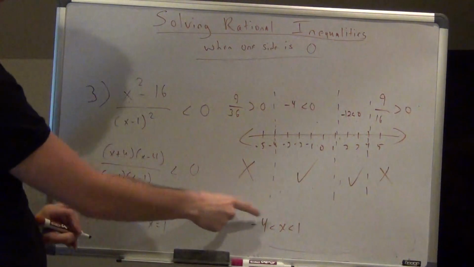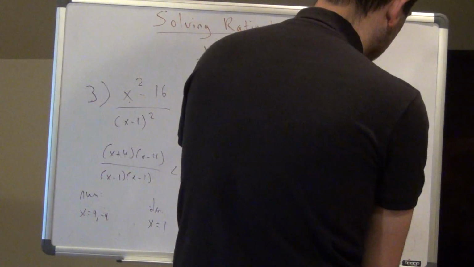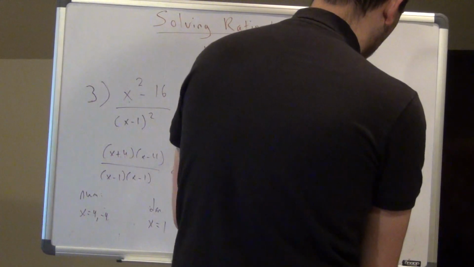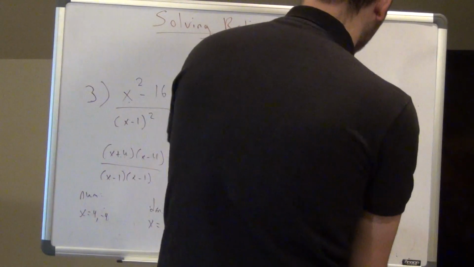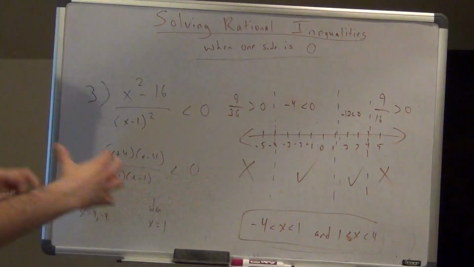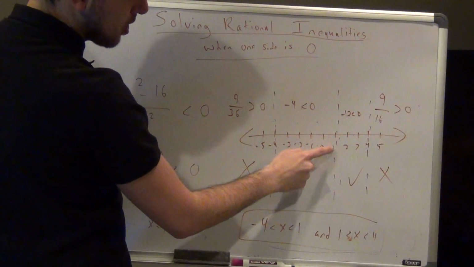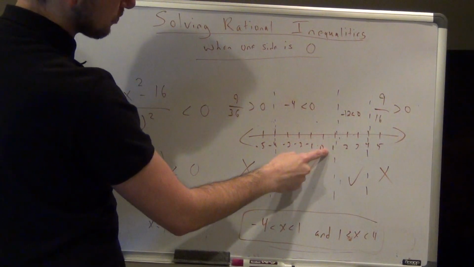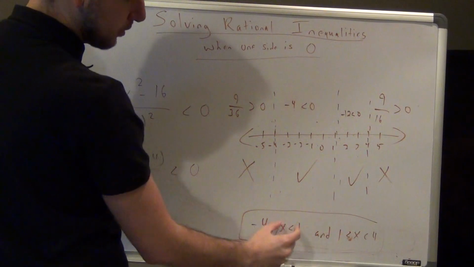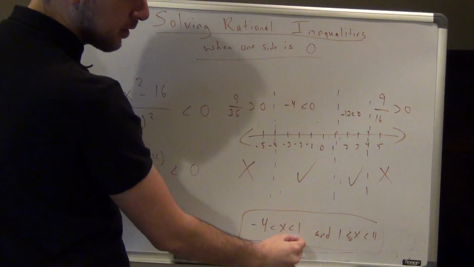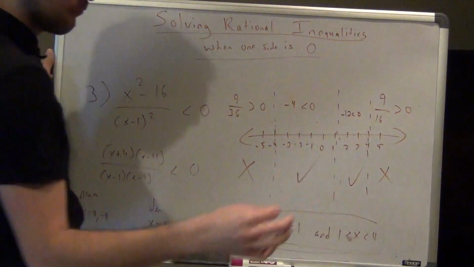So x is greater than negative 4 and less than 1, and x is less than 4 and greater than 1. The reason I wrote this in two separate ones and not negative 4 to 4 is that x can't be equal to 1. I have to split it out into negative 4 to 1, and then 1 is not a part of it, but then it's greater than 1 and less than 4.